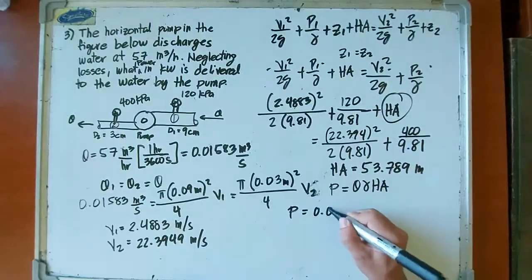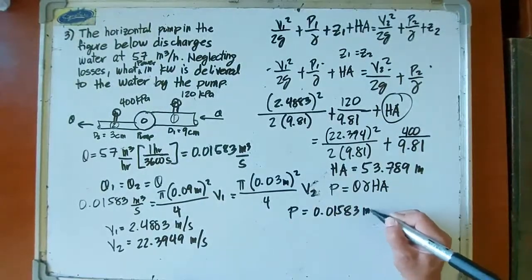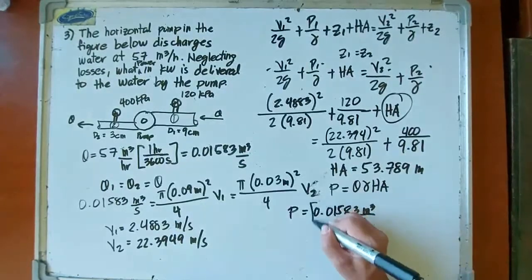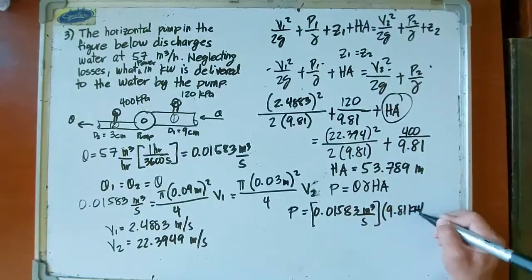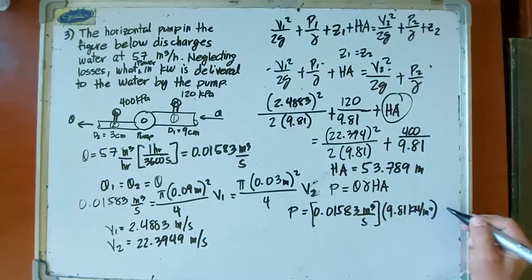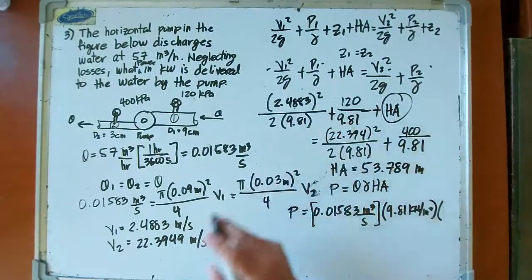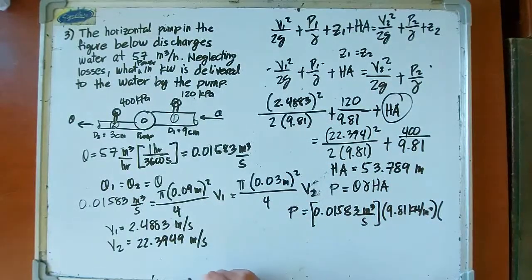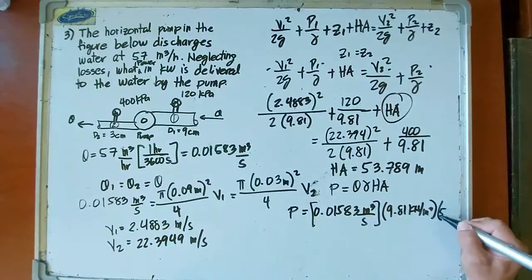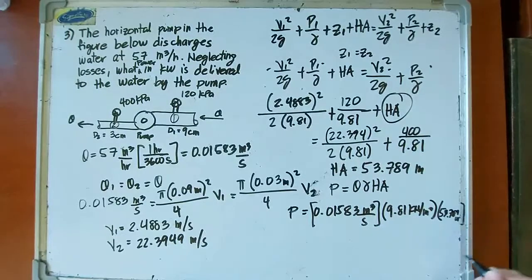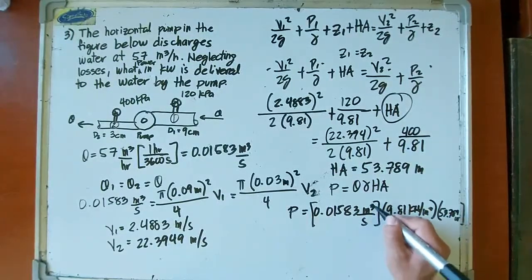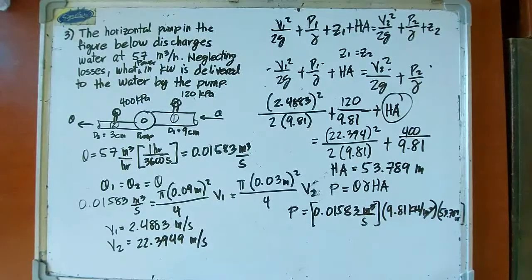That is 0.01583 cubic meters per second times unit weight of water, that's 9.81 kilonewtons per cubic meter, times the needed head. The energy head in the pump is 53.789 meters. So cancel yung cubic meters, we're left with kilonewton meter per second, which is actually kilowatts.